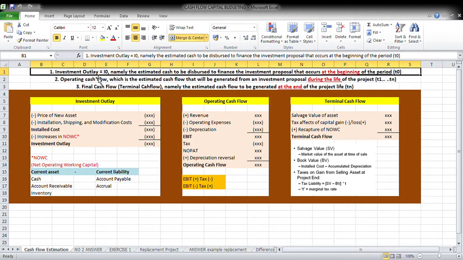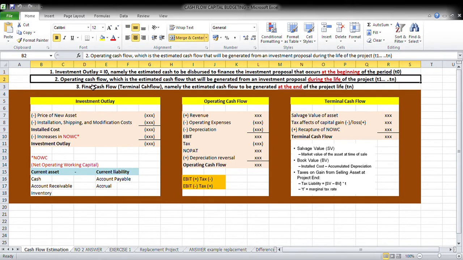Investment outlay can be called investment zero or I0, namely the estimated cash flow distributed to finance the investment proposal that occurs at the beginning of the period, or T0.